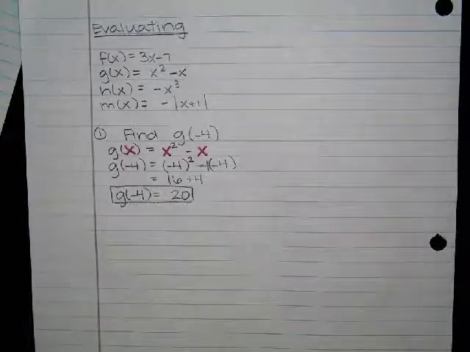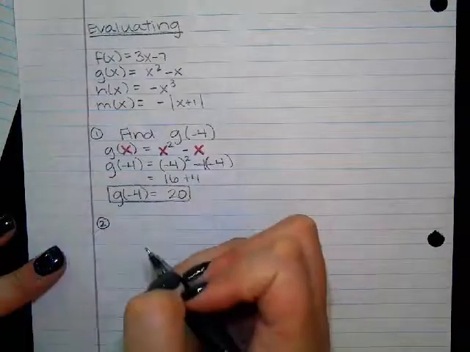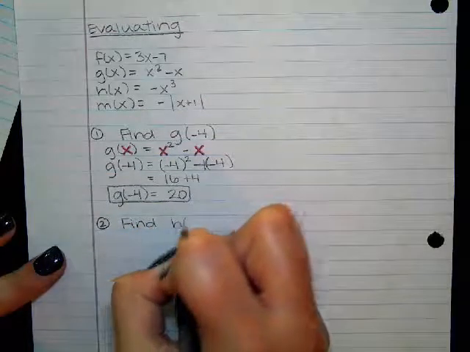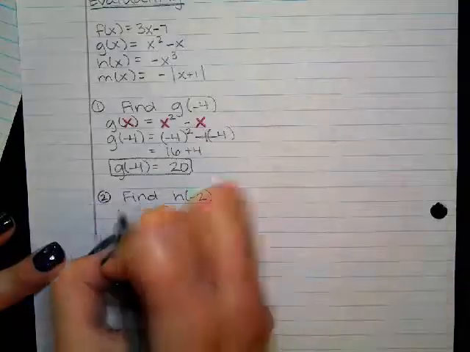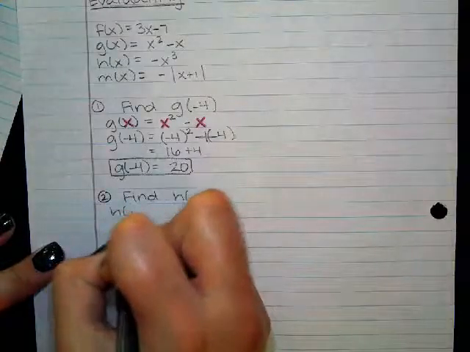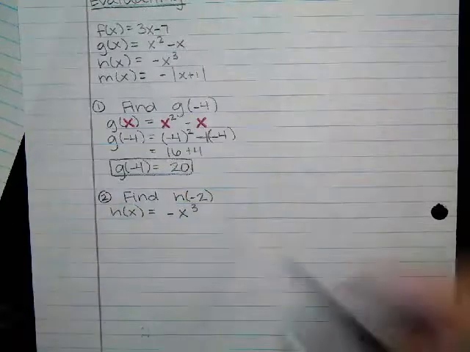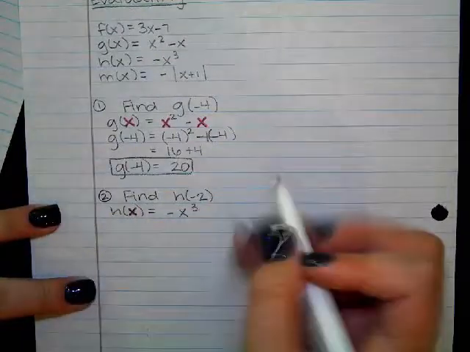All right, next example. Let's go ahead and find h of negative 2. So I'm going to start off by writing h of x down. So h of x is negative x to the third. So I can see that I'm plugging something in for x. I've got the x here with my notation.